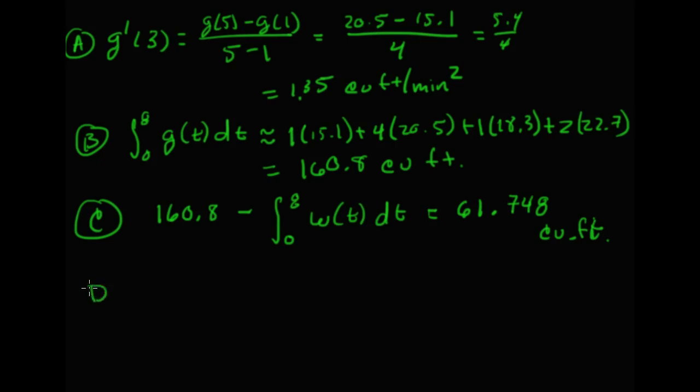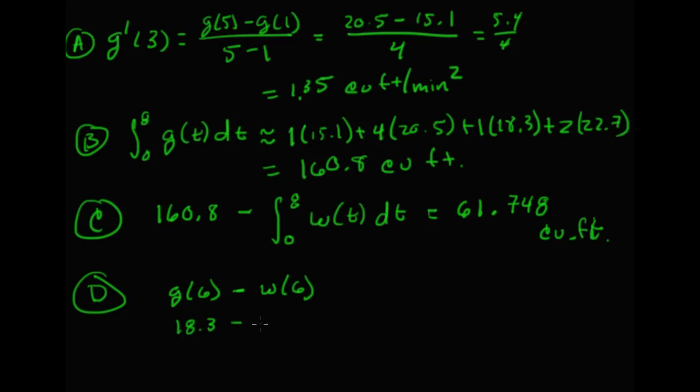All right, so D asks, at time 6, is the amount of unspoiled grain in the silo increasing or decreasing? The rate that grain is being added to the silo is G of 6 at that point. The rate at which grain is spoiling in the silo is W of 6. In the table, G of 6 is 18.3.